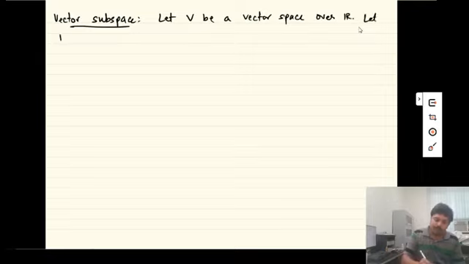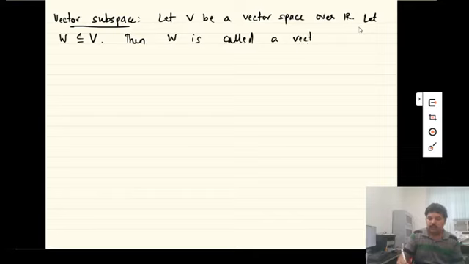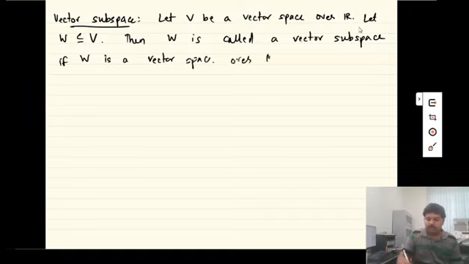Let W be a subset of V. Then W is called a vector subspace if W is a vector space over R in itself.